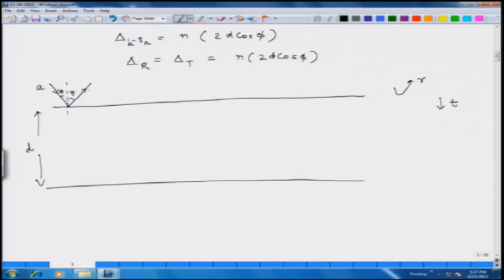So, the light which is then reflected back is going to have amplitude A times r. The amount which is transmitted at angle phi is going to be A times t.